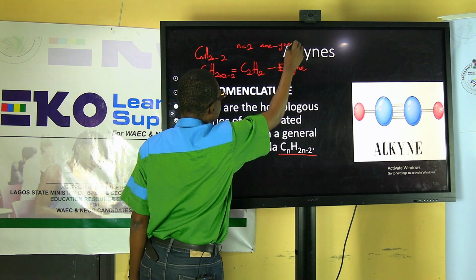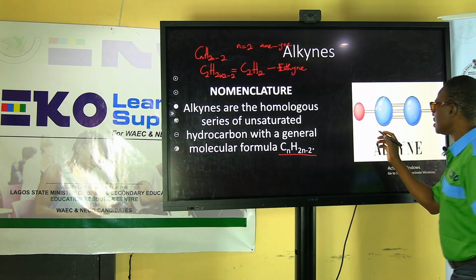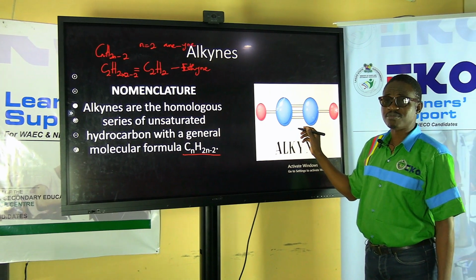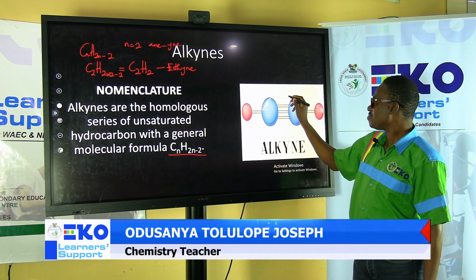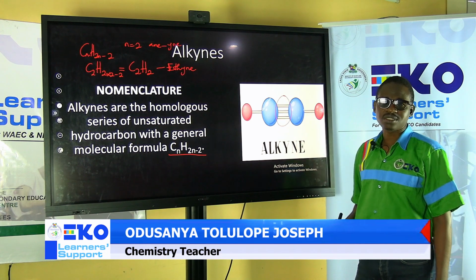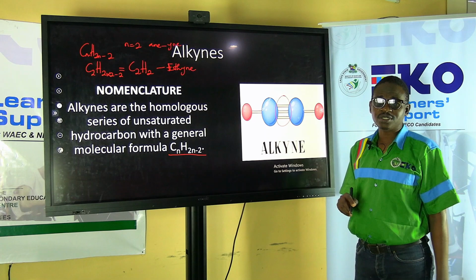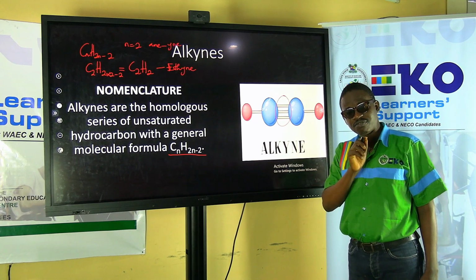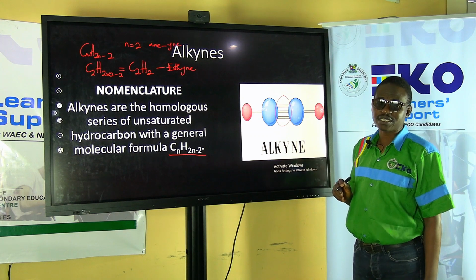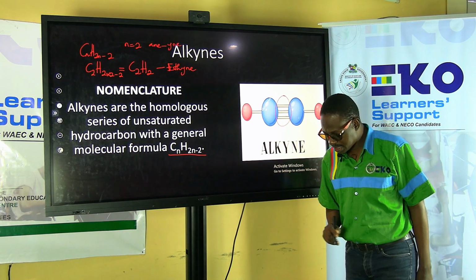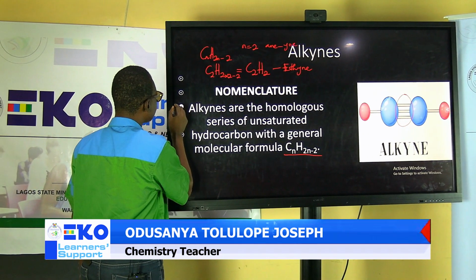Y and E. And this is the structural formula of this particular compound called ethyne, with what? A triple bond in between. And that triple bond signifies what? The functional group. So the functional group here is what? Triple bond. Fine. Let's move to the next slide.